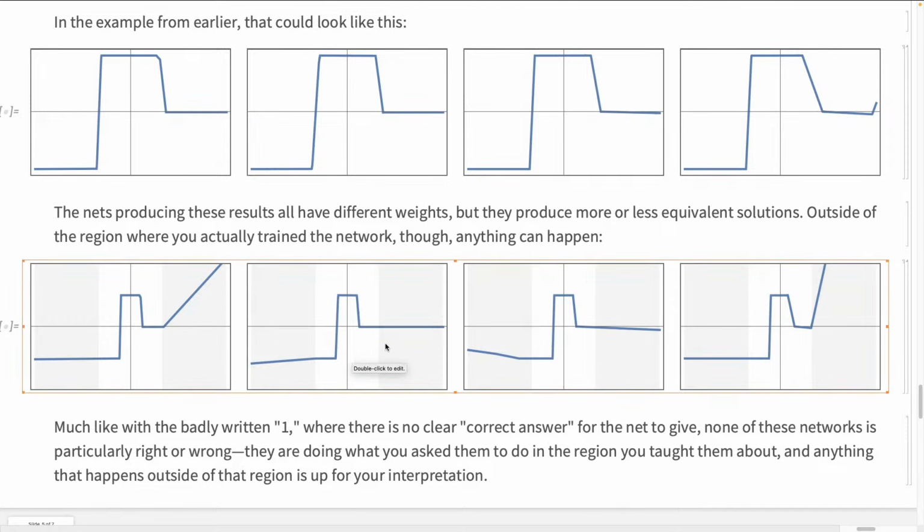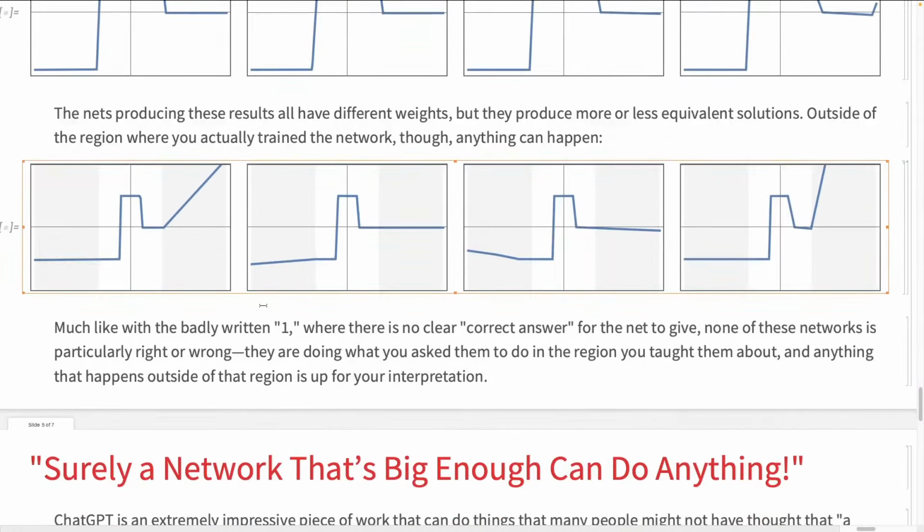That looks very reasonable. But the network doesn't know anything about what came before or what comes after the training data. So we don't have anything to say about the truth of what happens before or after the training data. So the network is not wrong to say that maybe this one's flat and maybe this one goes up, or maybe they're both pretty flat.